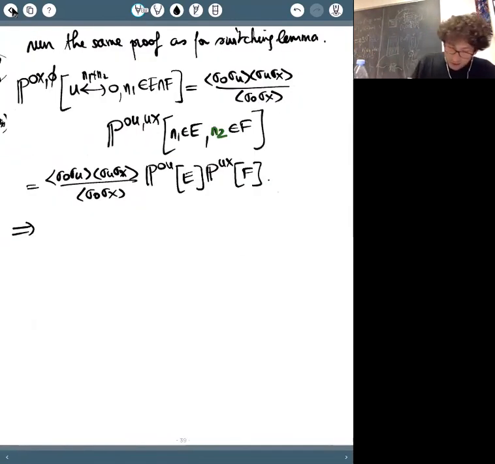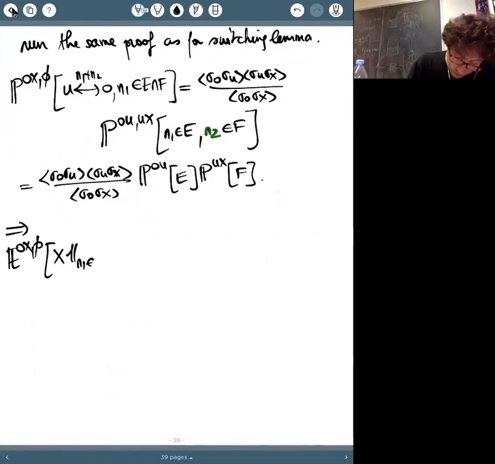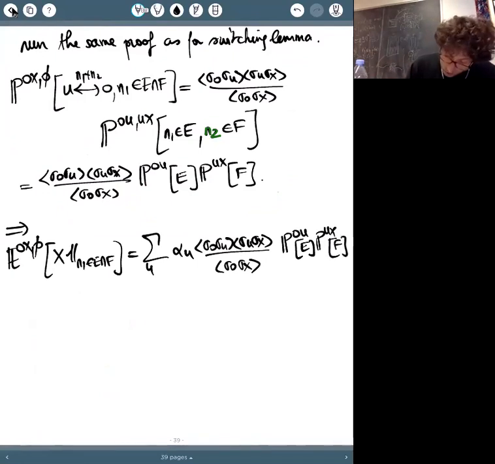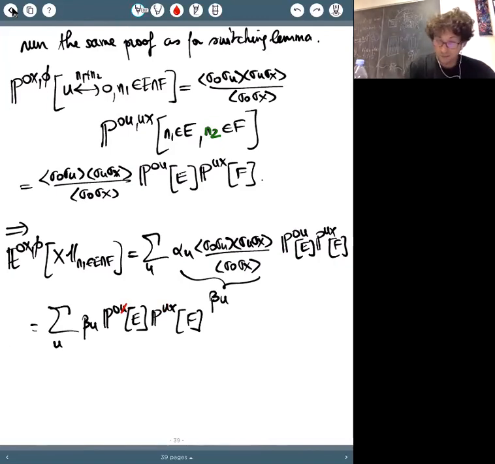You can express it as the expectation of 0x empty set of the indicator of N1 belongs to E inter F. This is the sum over U of alpha U, sigma 0, sigma U, sigma X over sigma 0, sigma X, and then you add P0U of E, PUX of F. So let's call this maybe alpha tilde or beta of U. So what you end up with is kind of an average of quantities that almost look like what we want, in the sense that it almost looks like you have x and 0, but it's u instead.